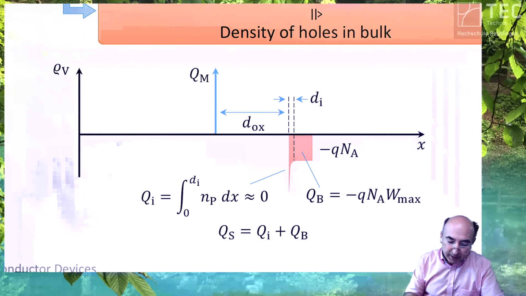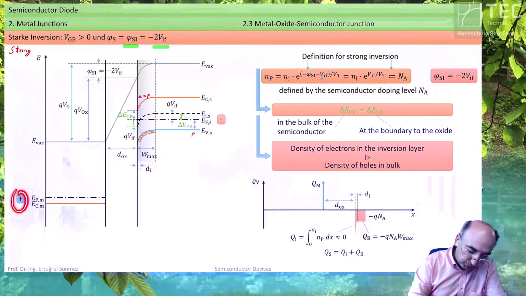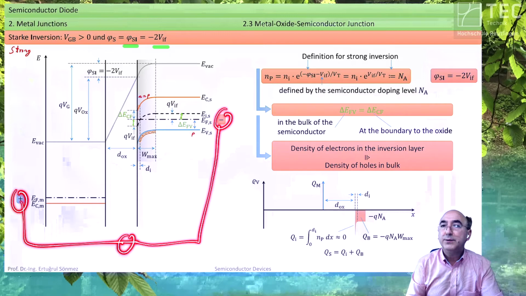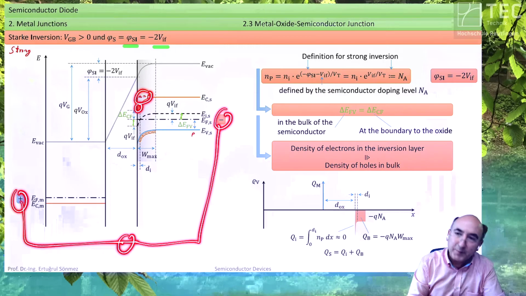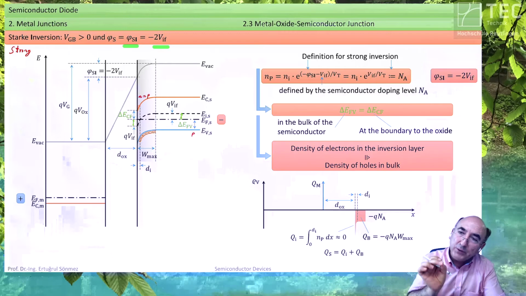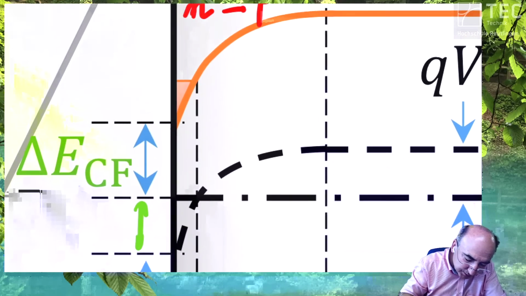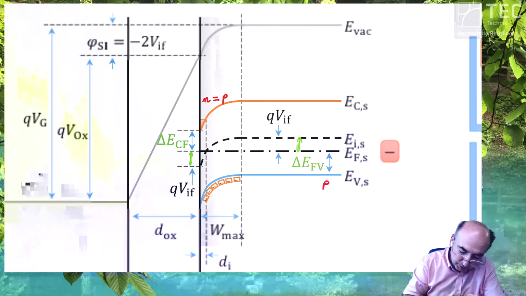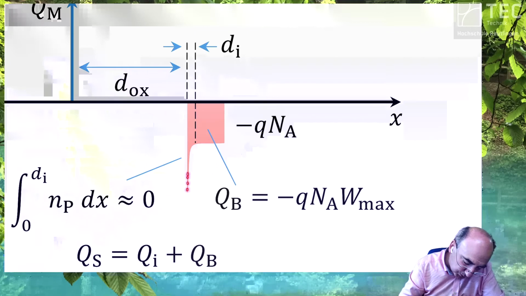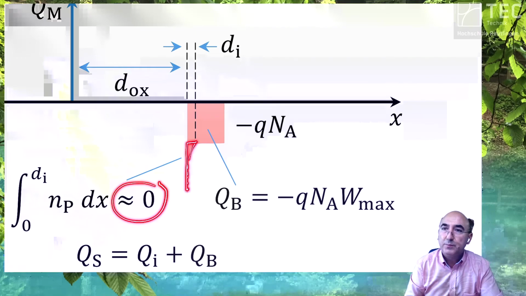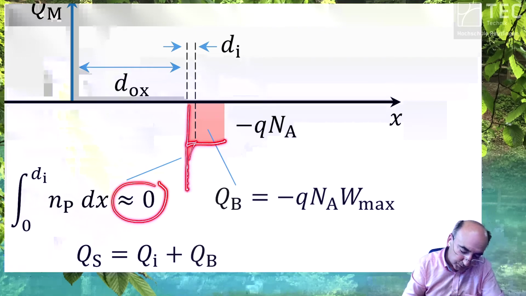But if you apply this voltage across bulk and gate, you have generated an N-type semiconductor at the interface, but the amount of charges, so if you start to count them here, so what does that mean? If you start to integrate this area, it is almost zero compared to the rest.